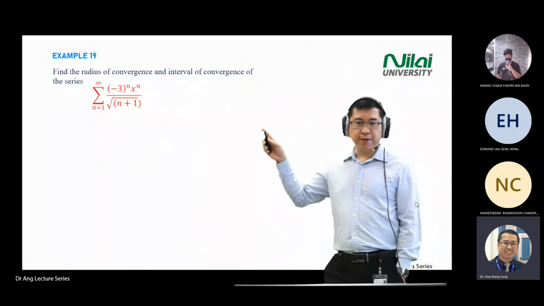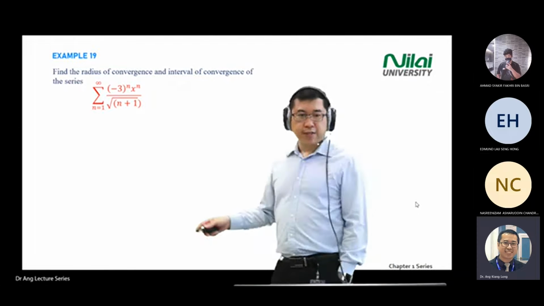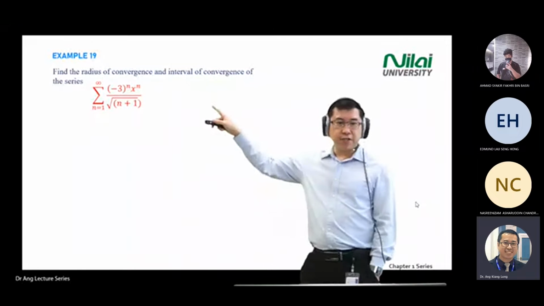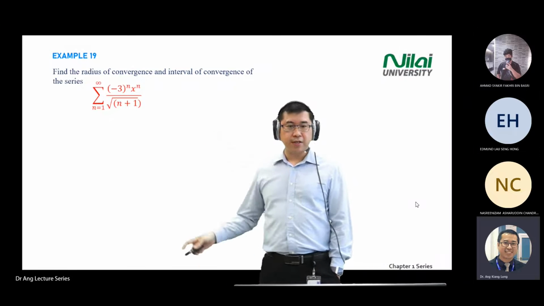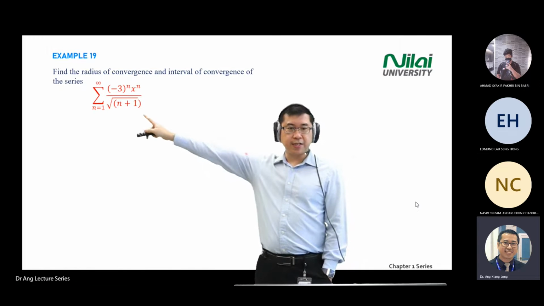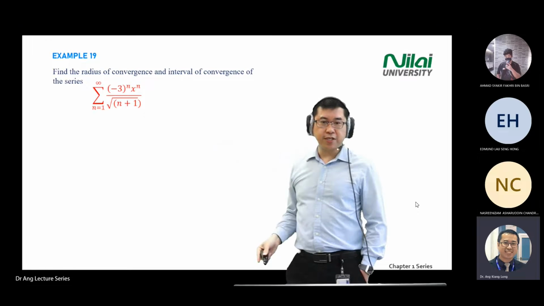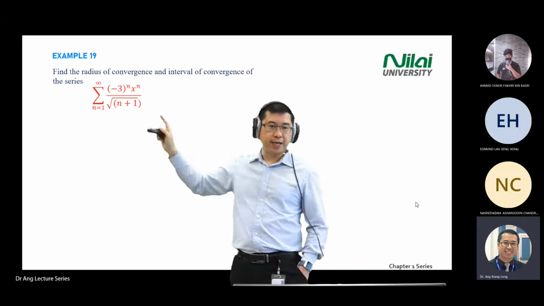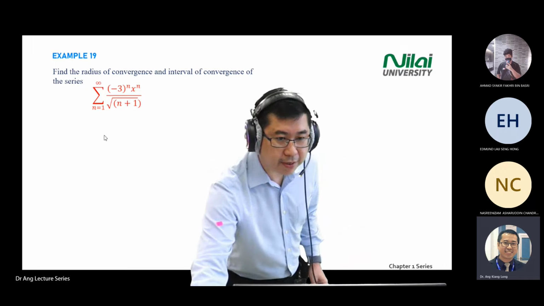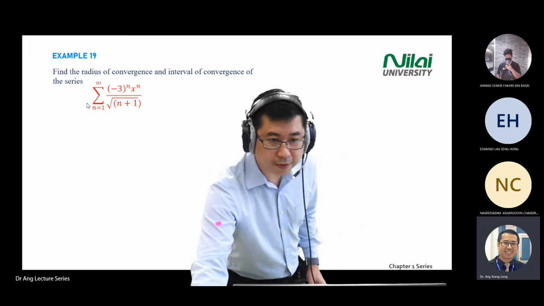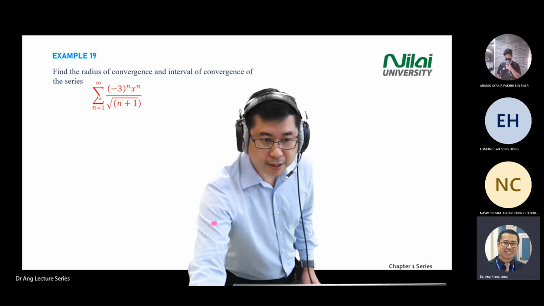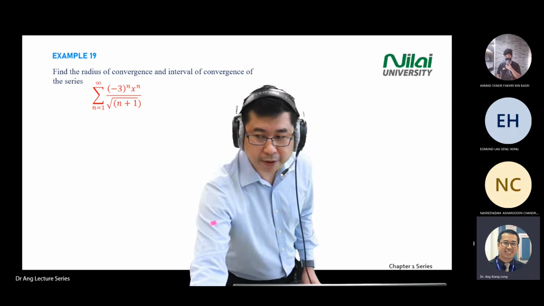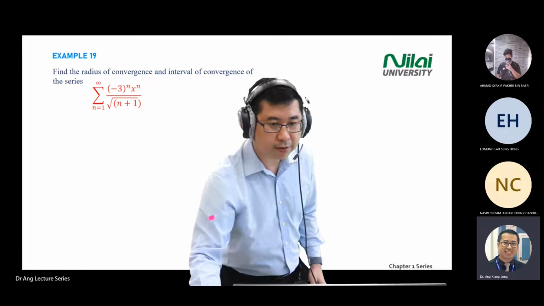I give you one more example, then we stop. Find the radius of convergence and interval of convergence of this series. So let's say you're given a series, again, in the pattern of this one. How do we know it's a series? Because we have a sum symbol there. Sum symbol means you are talking about series.